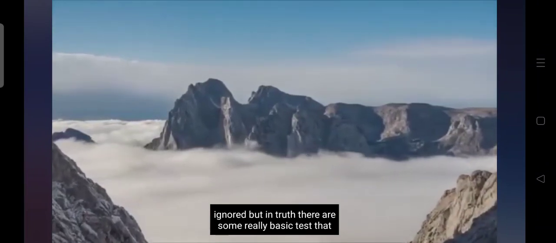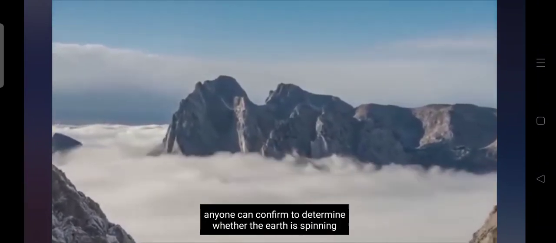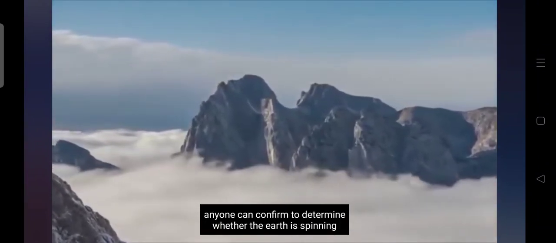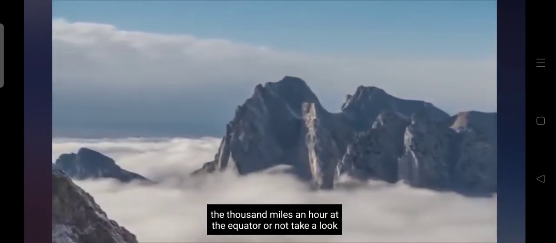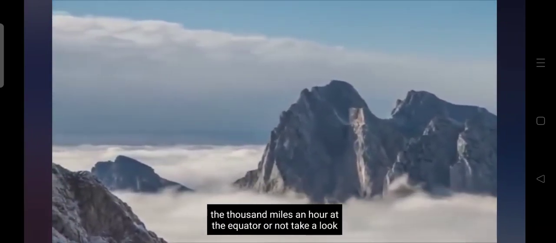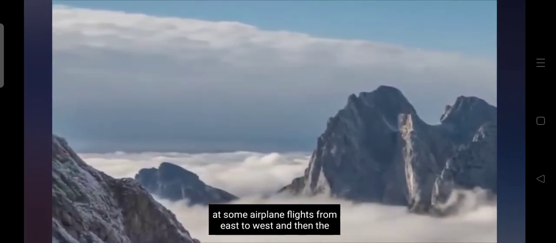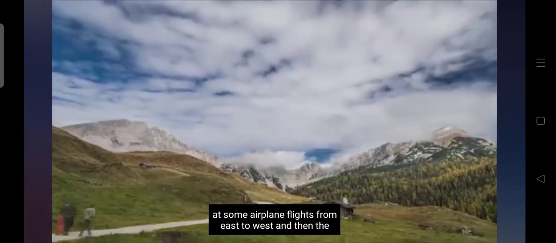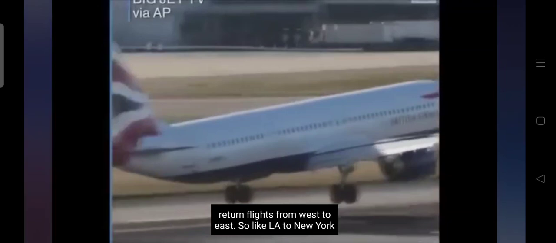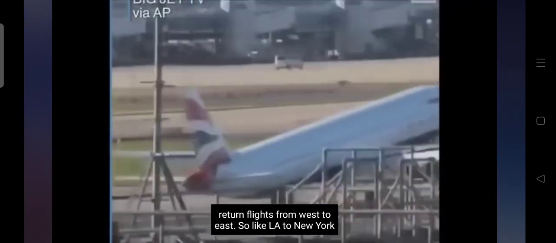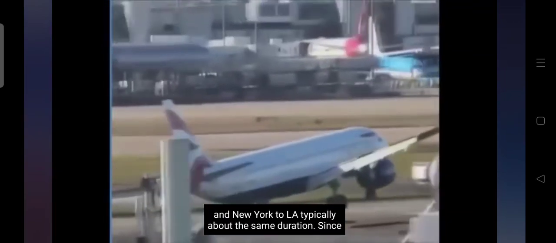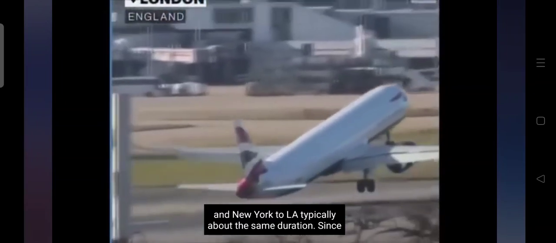But in truth, there are some really basic tests that anyone can confirm to determine whether the Earth is spinning 1,000 miles an hour at the equator or not. So take a look at some airplane flights from east to west, and then the return flights from west to east. So like LA to New York and New York to LA, typically about the same duration.